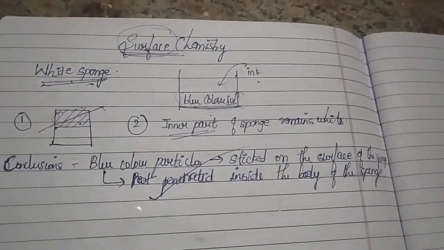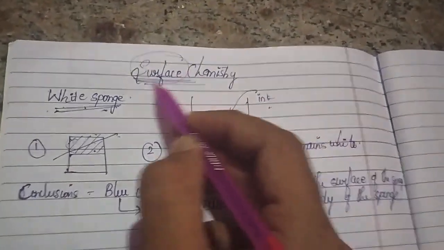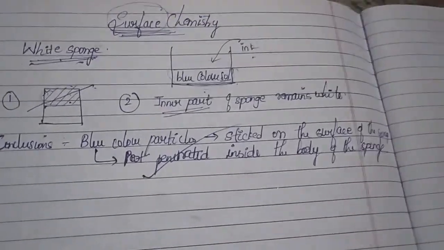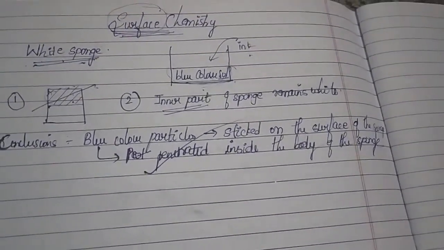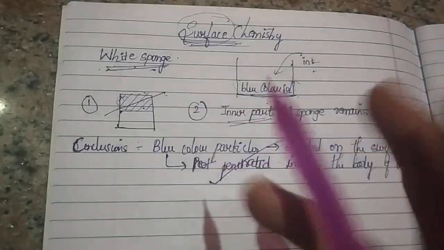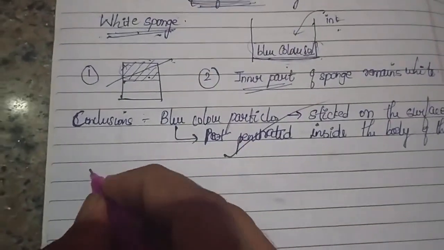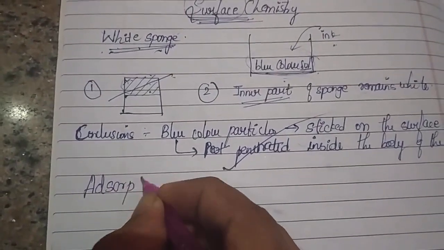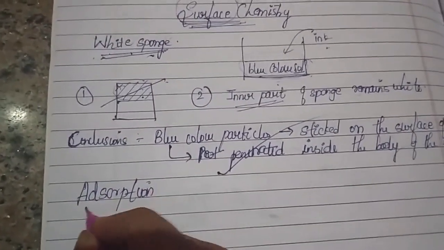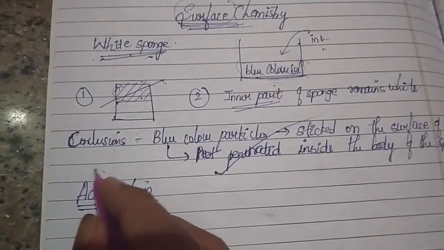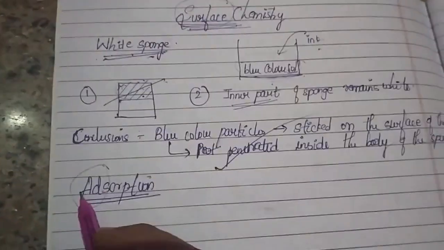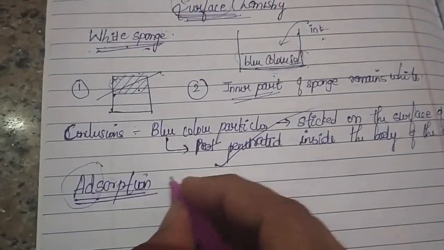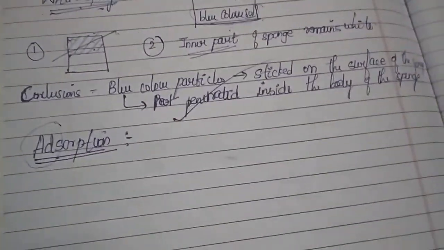Now, since we are dealing with the surface, of course there should be some process, some name for it. Remember, this overall surface chemistry deals with a process or phenomenon called adsorption. AD, not AB, it is AD, adsorption.